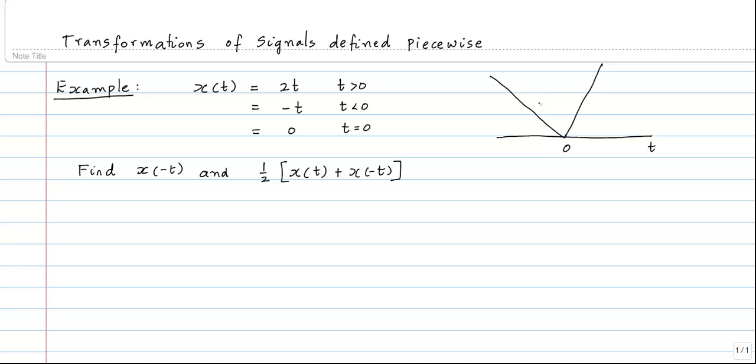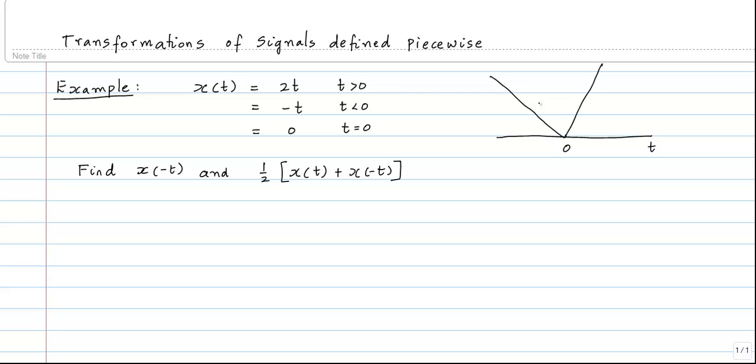Right? And then I can simply flip this about the y-axis, and then I can get my signal x of negative t, and there is nothing really difficult about this. But what I'm really interested in is not actually doing this pictorially, but let's say I want to directly write a mathematical expression for x of negative t.